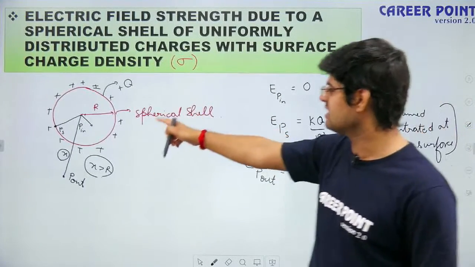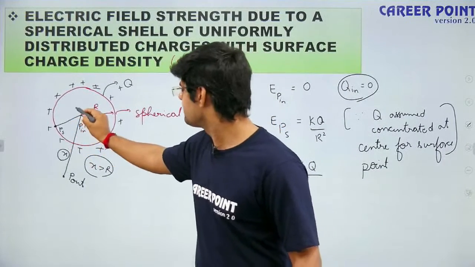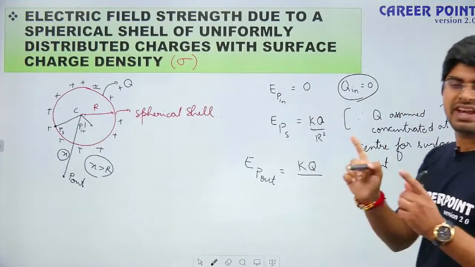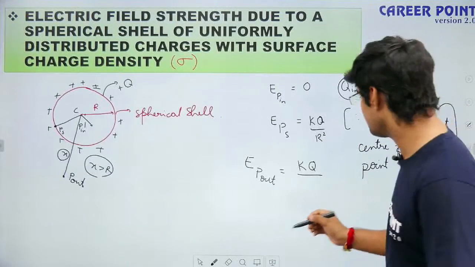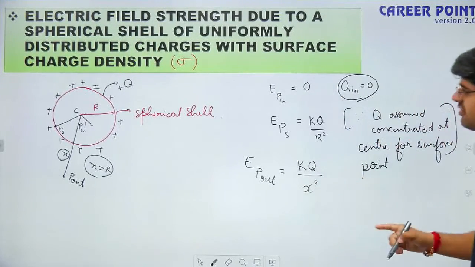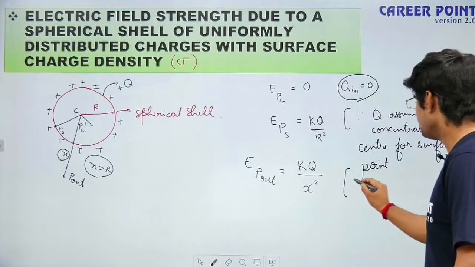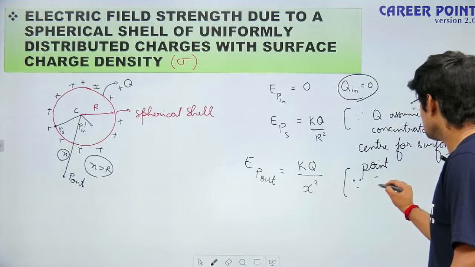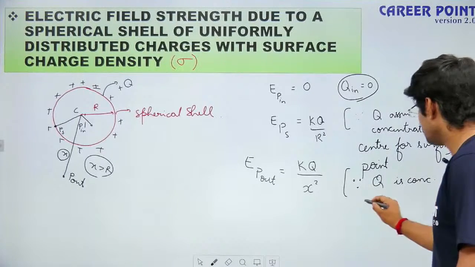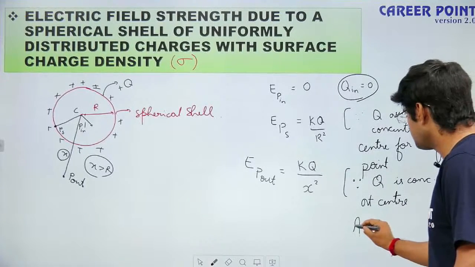So how far is the point from the center of this spherical shell? From the center I have taken that distance as x such that x is greater than the radius of the spherical shell. So KQ by x square is my electric field at an outside point due to this spherical shell, for the same reason: Q is assumed concentrated at the center.